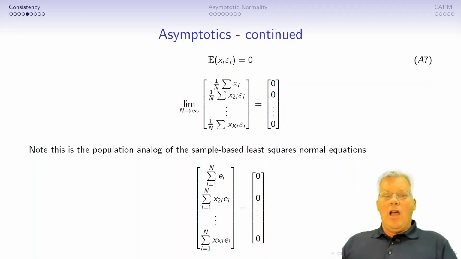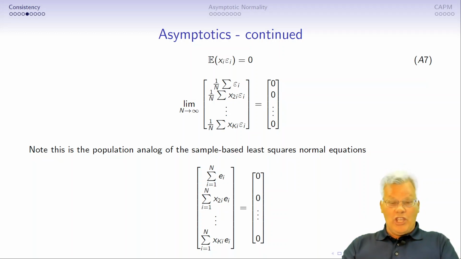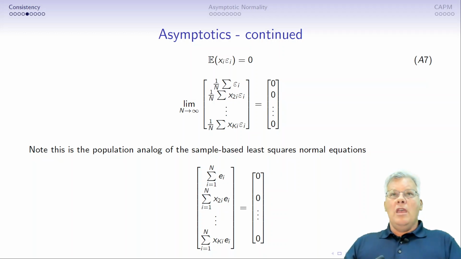Now, notice that this condition that we've just developed looks very similar to the OLS normal equations from earlier in the term, but I'd caution you to see the very important difference between the two. The OLS normal equations, which are given at the bottom of this slide, you remember where those came from when we computed the OLS estimators.